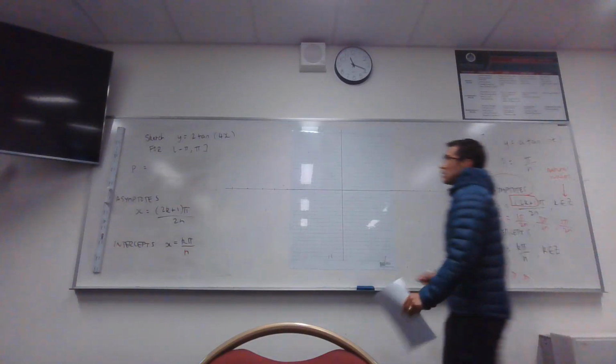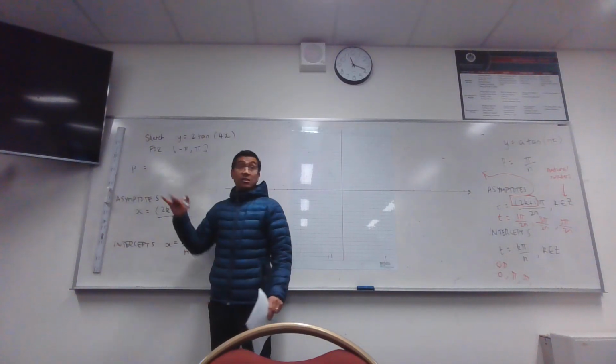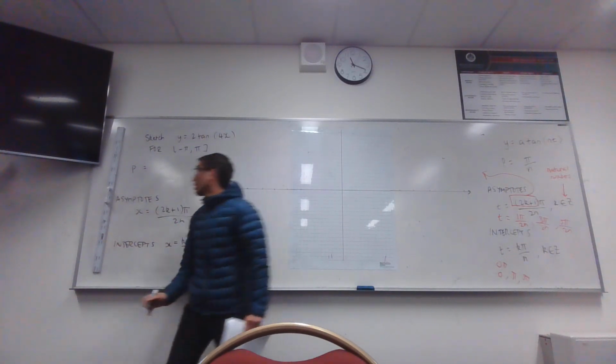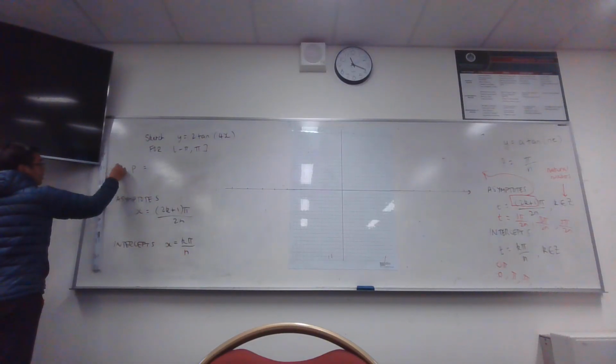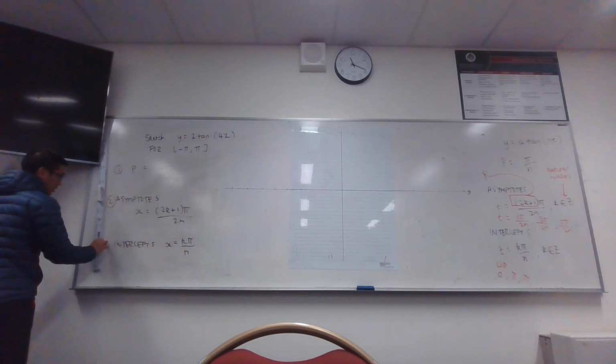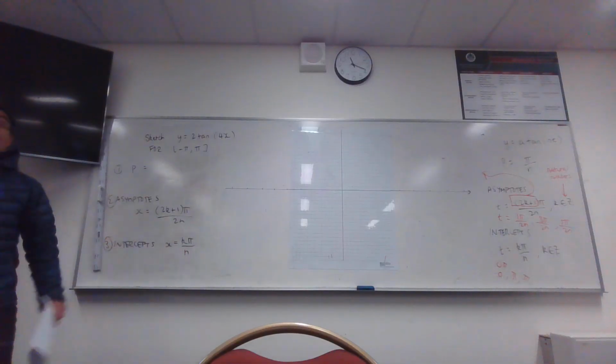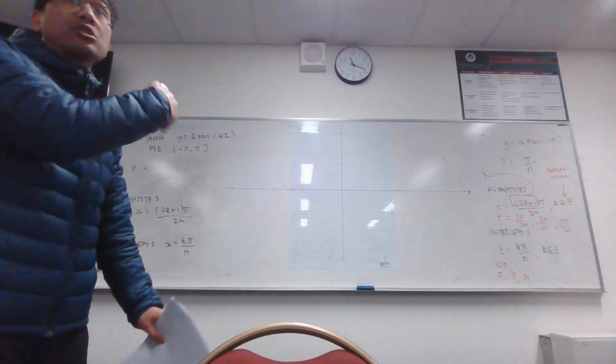Now, best thing to do is a 3-step process every single time. You've got your period, asymptotes, and intercepts, and that should be enough information to do repeats all the way through.